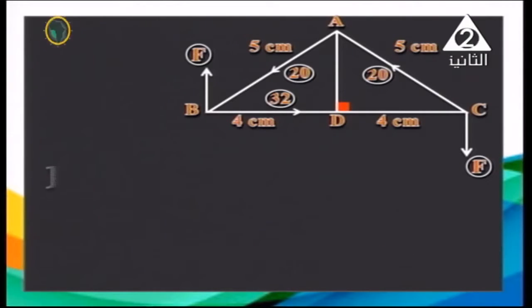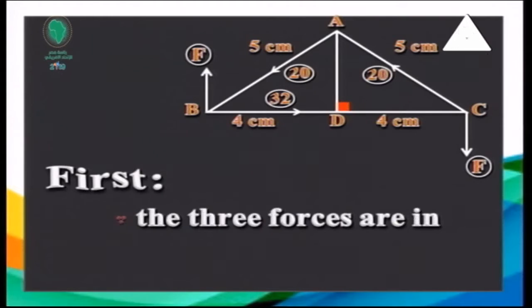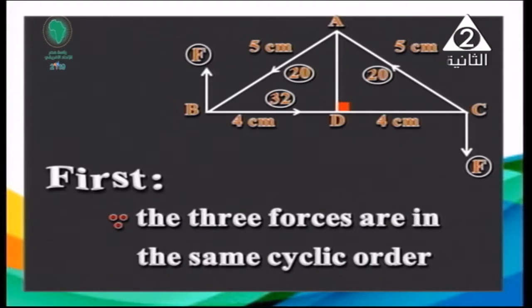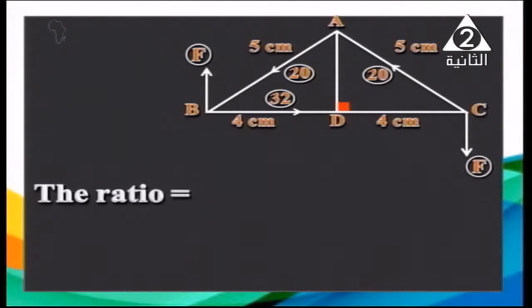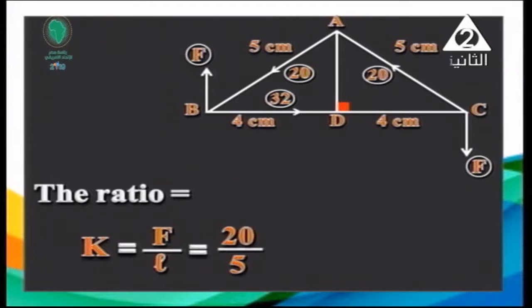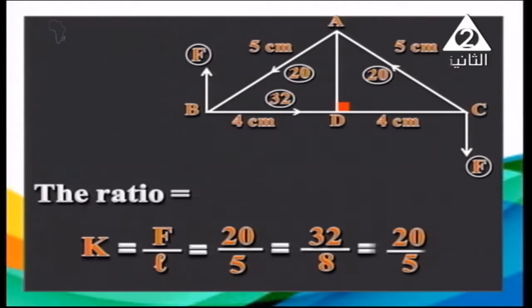My dear student, since the three forces are in the same cyclic order, what do you deduce, my dear student? The ratio K equals F over L. What is F? 20. What is L? 5. Therefore, 20, the first force, over 5 length equals 32 divided by 8, equals 20 over 5, equals K. In this case, 20 over 5 equals 4.